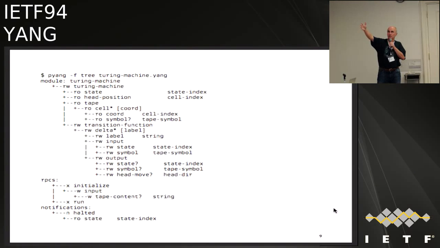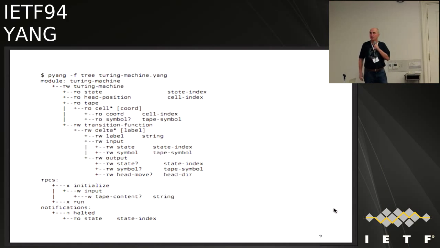As you can see in the Turing machine data model, we have some state data that are marked with RO, and it follows essentially the Turing machine definition. So we have the state of the Turing machine, head position, and then a representation of the tape.